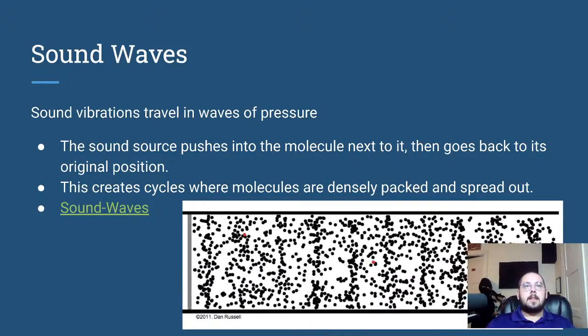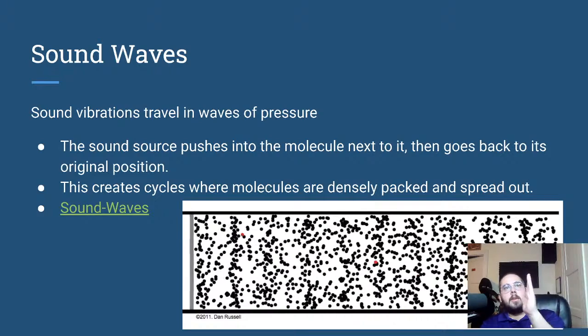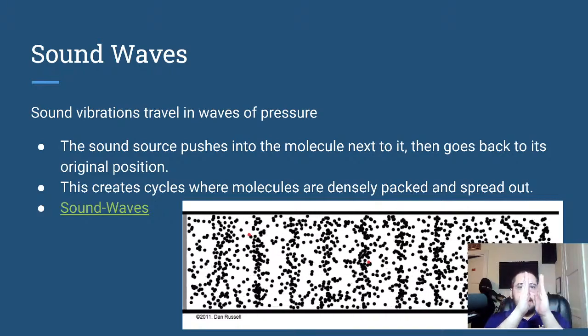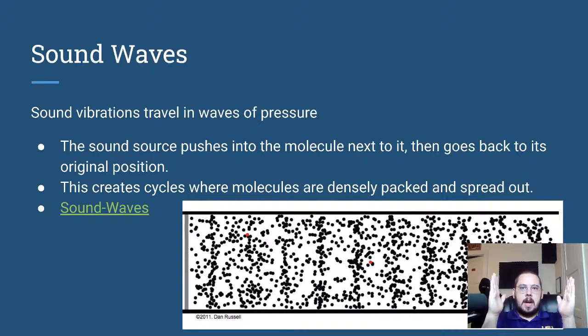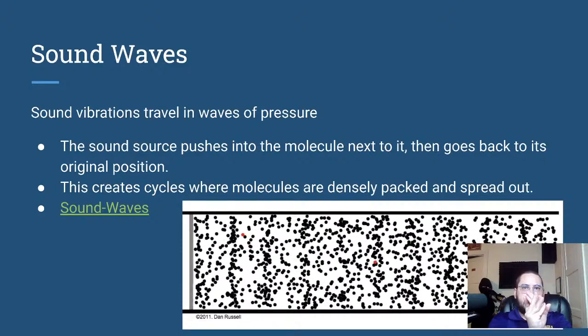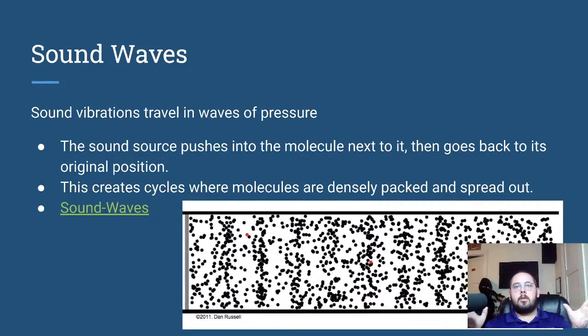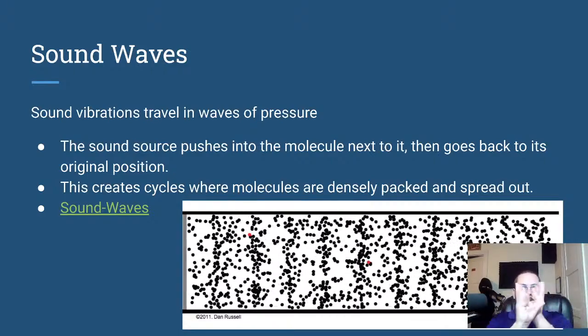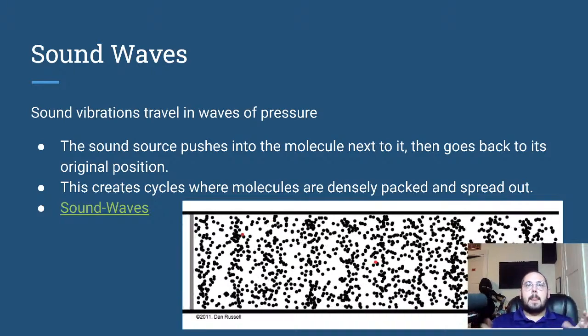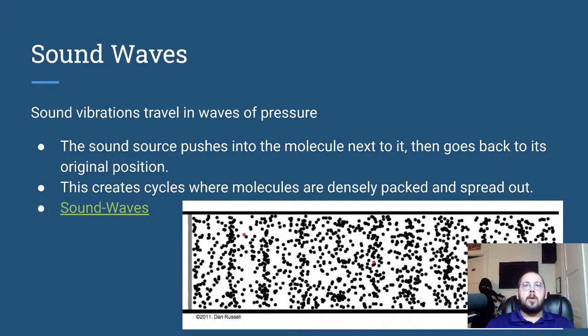This pushes the molecules and bunches them together, and as they bump into the next one, they bounce off each other. So we get these waves of compression and non-compression, called rarefaction. A lot of density, then very spread out, and we see that traveling through the medium.